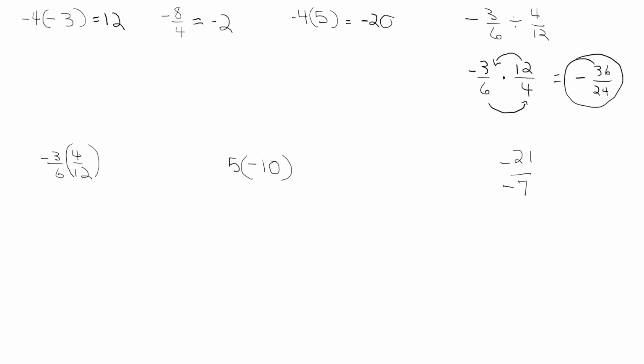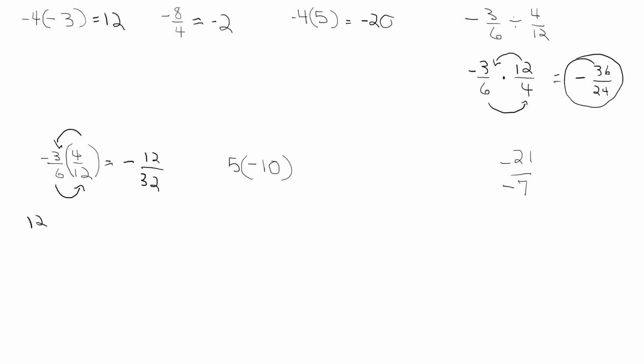Same thing here. Negative 3 over 6 times 4 over 12. Same thing. Going to get a negative answer. Multiply the numerators, multiply together the denominators. We already got our negative sign here. So we got 12. What's 12 times 6? Let's see. 2, 1, 32.